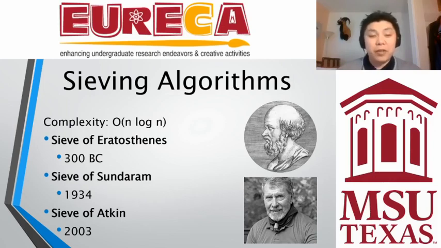Then the most recent one is by American mathematician Atkin, who invented the Sieve of Atkin in 2003. So that's relatively new in the history of mathematics. It is an emerging technology. And all of them have a complexity of big O of n log n.